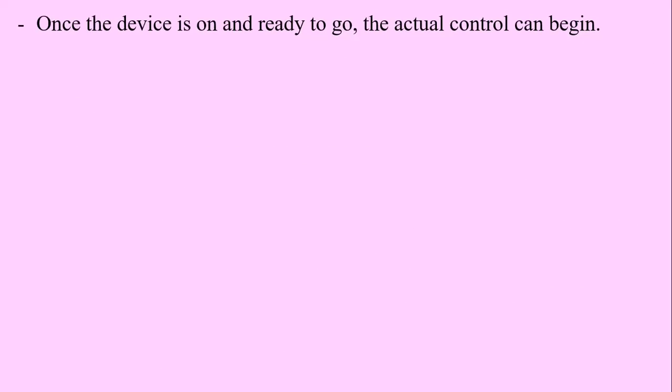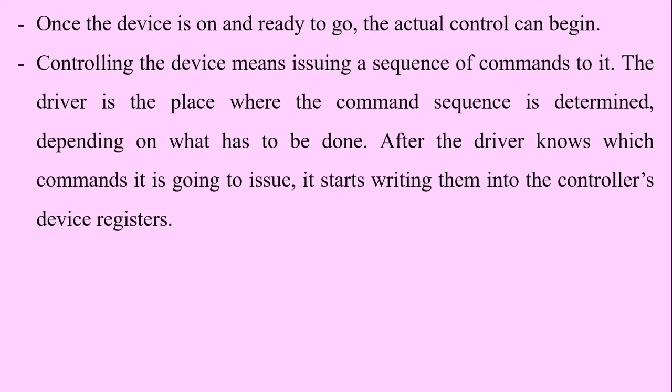Once the device is on and ready to go, the actual control can begin. Controlling the device means issuing a sequence of commands to it. The driver is the place where the command sequence is determined depending on what has to be done.